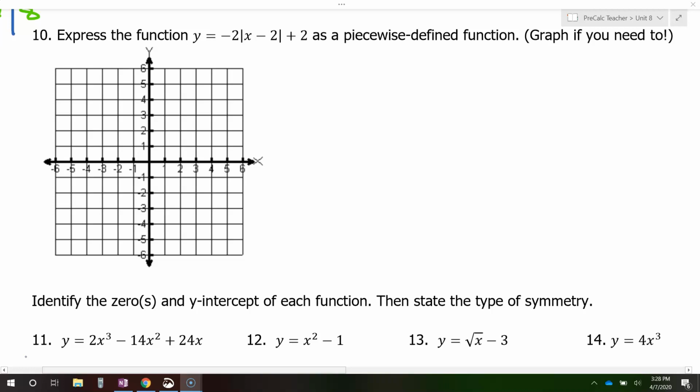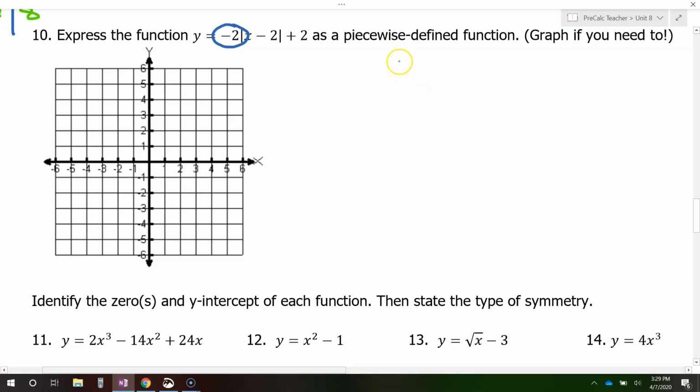Look at this equation. We have y equals -2 times the absolute value of x minus 2 plus 2. I can find the two pieces of my piecewise function by treating the absolute value sign as parentheses. So I'm going to do this twice. I'm going to do it once with a +2 and once with a -2.